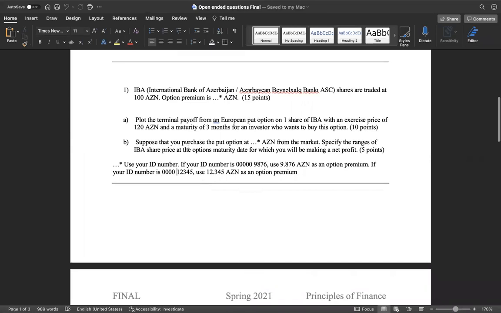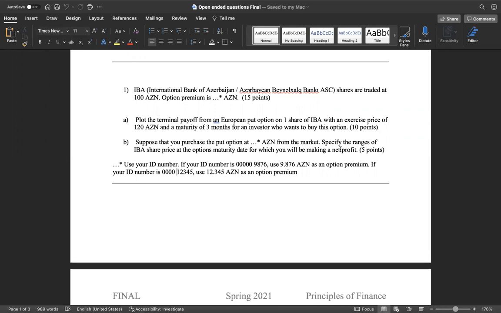Let's switch to what part B is asking for. Suppose that you purchase the put option at, again, your ID number from the market. Specify the ranges of the share price at the option's maturity date for which you will be making a profit.